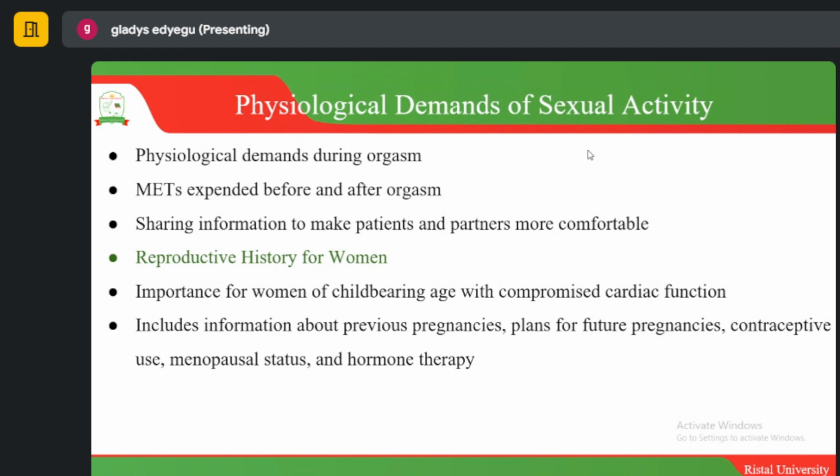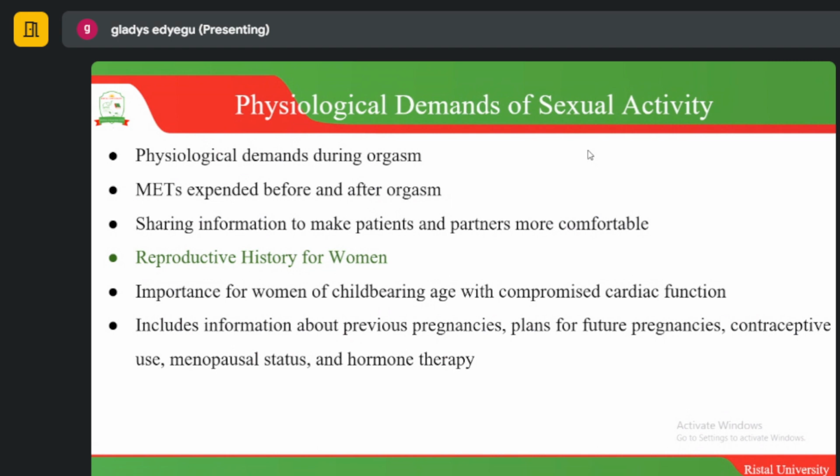So even when they get pregnant with this condition, they will always be monitored, and they should always be near the hospital, seeing the doctors frequently, adhering to their treatment and follow-up dates, so that they can be monitored and helped to deliver safely. Then it includes information about previous pregnancies, plans for future pregnancies, contraceptive use, menopausal status, and hormone therapy. So this is all very key for these women.